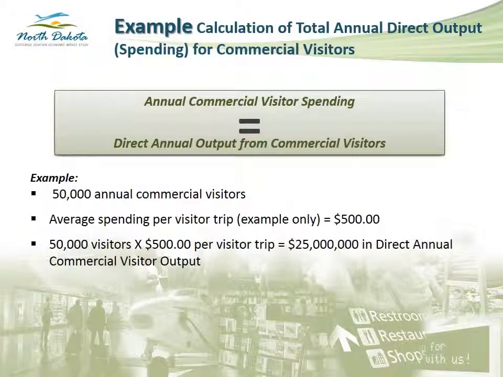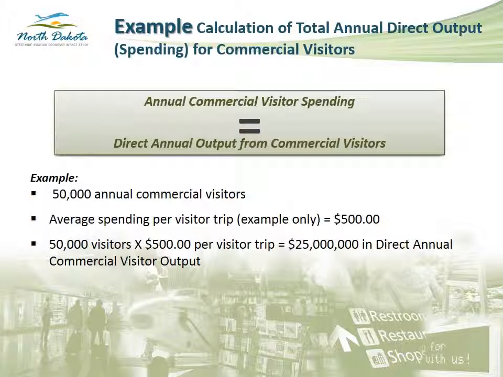Let's walk through an example of how direct economic impacts resulting from commercial visitor spending were estimated. Don't forget, for this category, direct output is equal to annual commercial visitor spending. For our example, the airport has 50,000 employments that are visitors. Do not forget that these 50,000 visitor employments are only a percentage of the airport's total annual employments. The remainder of the employments are residents.